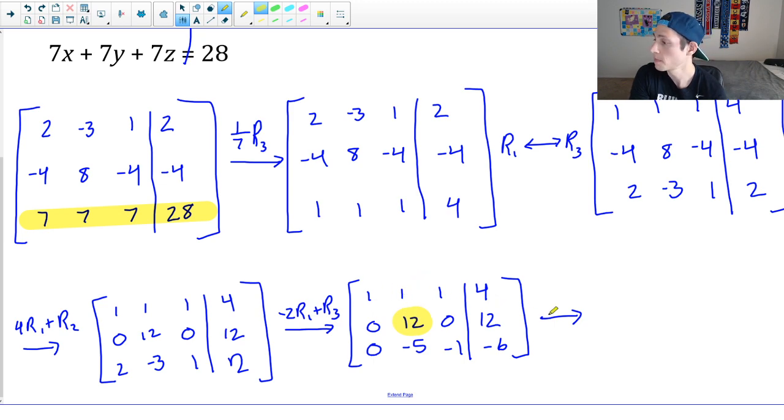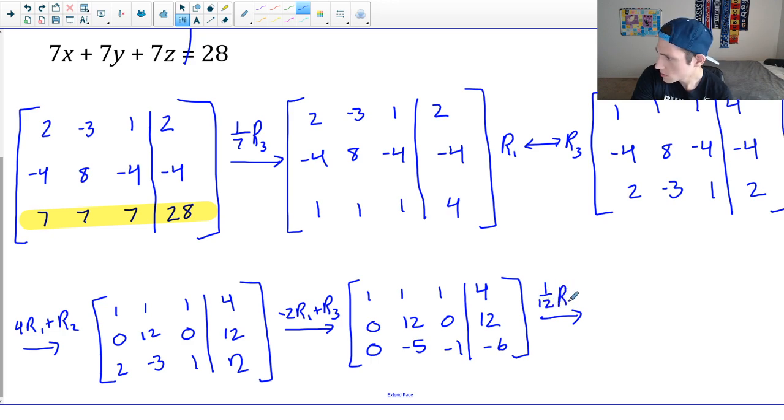All right. Well, again, let me look at this entire row. Just like over here, all of these were divisible by 7, so I times 1/7. This whole row is divisible by 12. So let's multiply that entire row by 1/12.